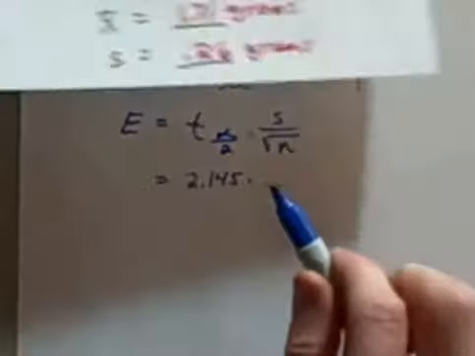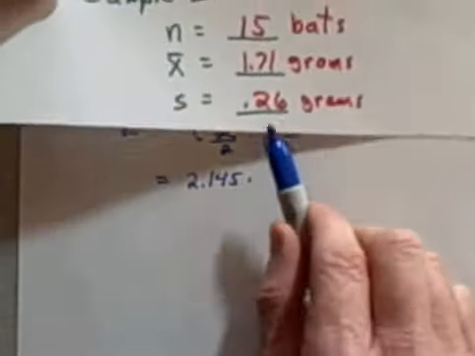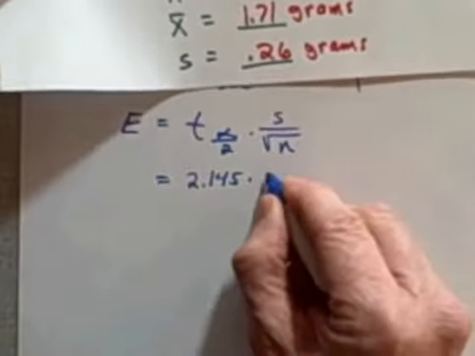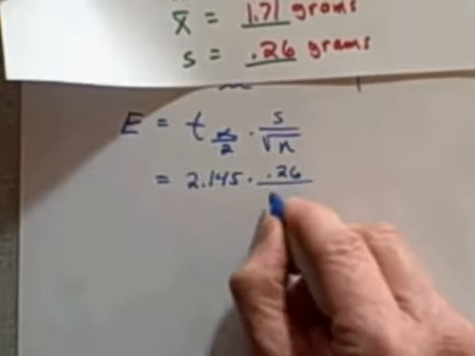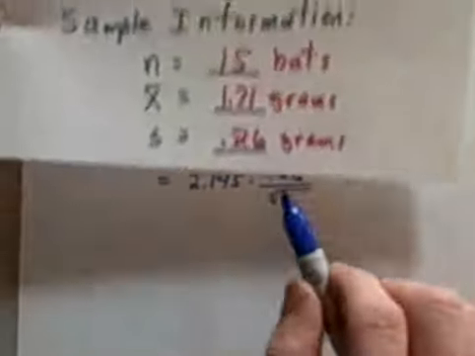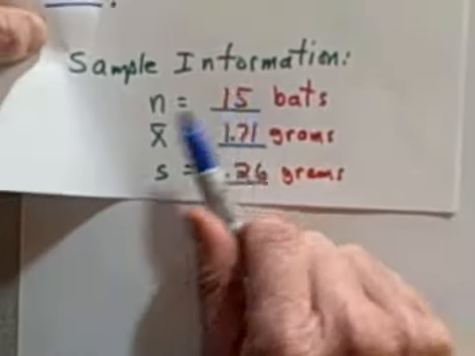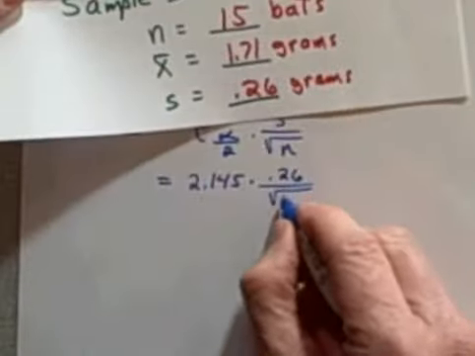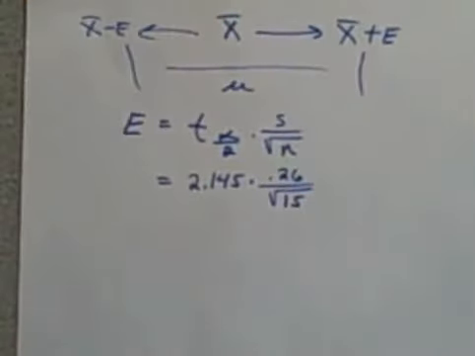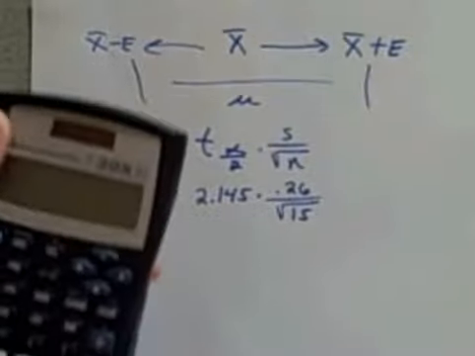We know that from my sample, my standard deviation was 0.26. That's the numerator. We know that the sample size, not the degrees of freedom here, but we're actually using n, the sample size, was 15, so we'll take the square root of that. Got my calculator right here.